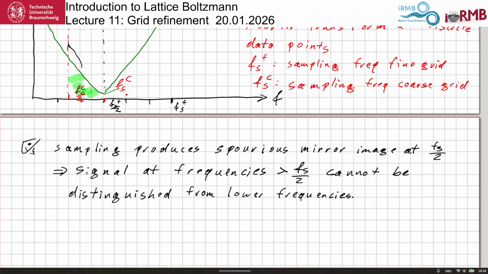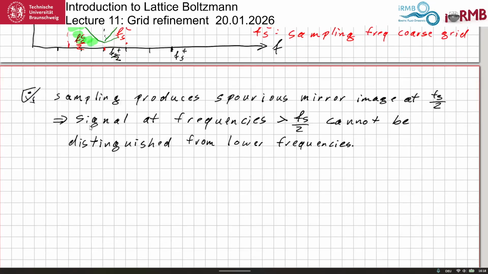Okay, it always depends on what you are studying, because I think for electrical engineering, in the third semester, this is absolutely obvious. You have to low pass filter, yeah? So the way you deal with this is by low pass filtering before sampling.